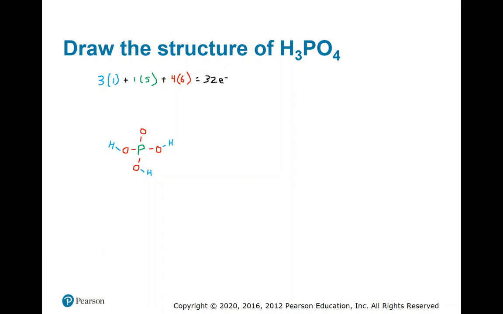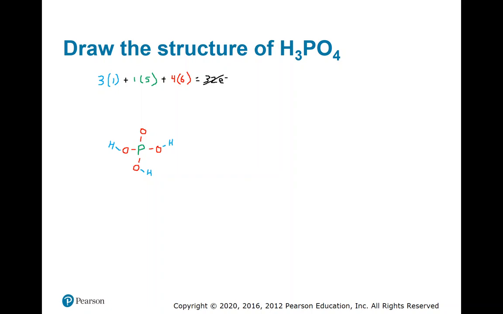So for the phosphorus, we have 4 phosphorus-oxygen single bonds, and then 3 oxygen-hydrogen single bonds, so that's 4 and 3 is 7 total bonds. So 14 electrons got used up because each of those is a pair.